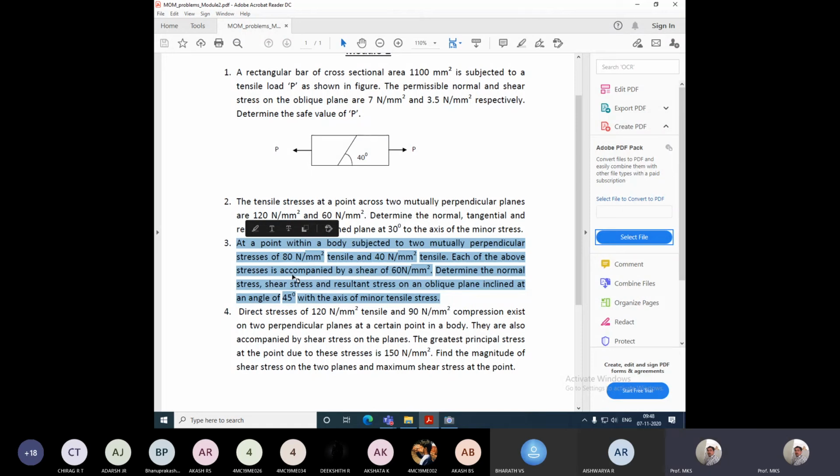A point within a body is subjected to two mutually perpendicular stresses, both tensile. The major stress is 80, the minor stress is 40. Each of the above stresses is accompanied with shear stress. Along with the two axial stresses, there is a shear stress of 60 Newton per mm square. So it is the third case that we derived. You need to find the normal, shear and resultant stress on an oblique plane which is inclined at 45 degrees with the axis of minor tensile stress.